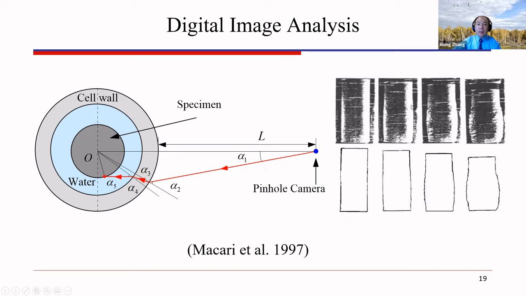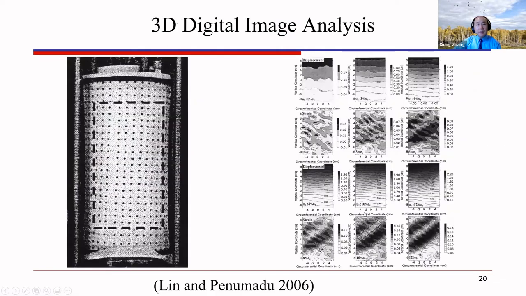For example, these are the images taken by a camera. You can detect the edge, and then you know its location in the image. And then with knowing the location of the camera and the soil specimen, you can actually make some correction to correct the natural profiles.